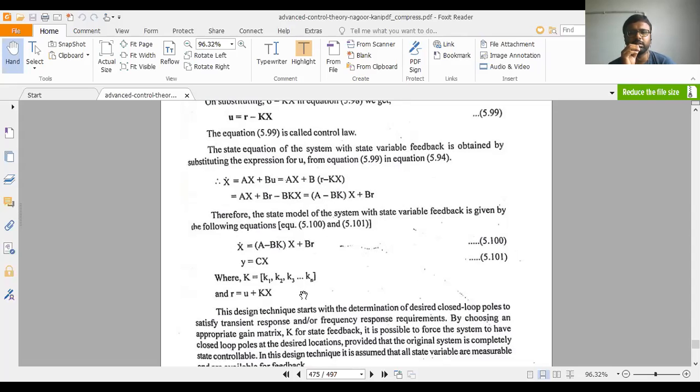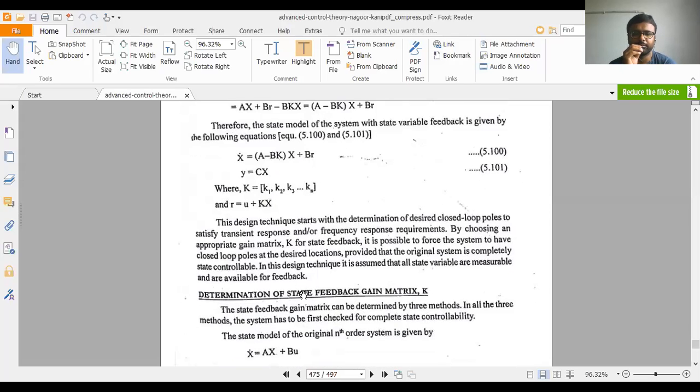Therefore, the modified state equations with the involvement of the state variable feedback are x dot is equal to A minus Bk into x plus Br, and y is equal to Cx, where K is the state variable feedback gain matrix, consisting of the values k1, k2, k3 and so on up to kn.